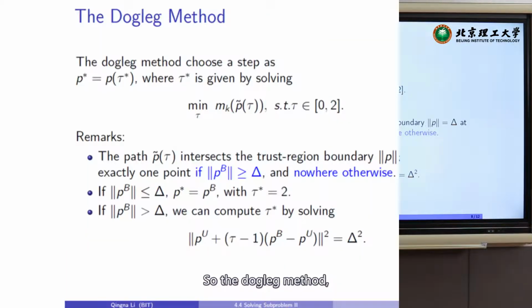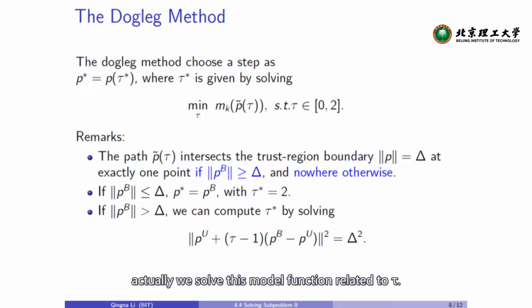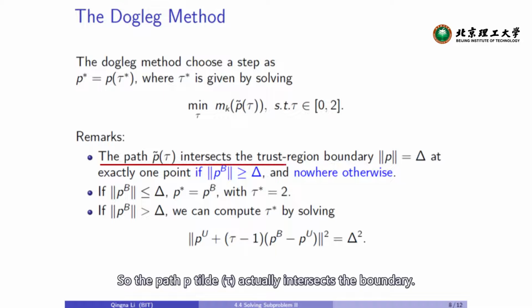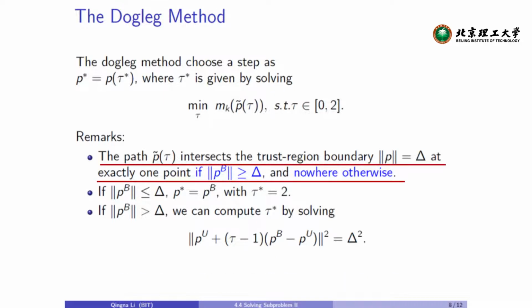So for the dogleg method, we solve this model function related to tau, and we already know the properties of m tau. So how do we solve this model function? We can check the following properties. The path p tilde tau intersects the boundary.